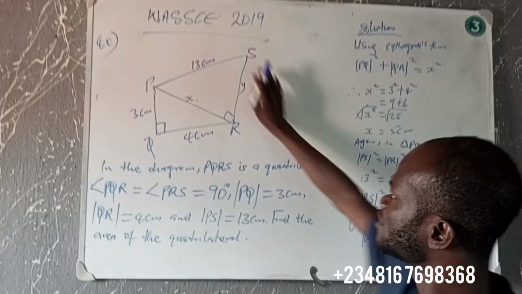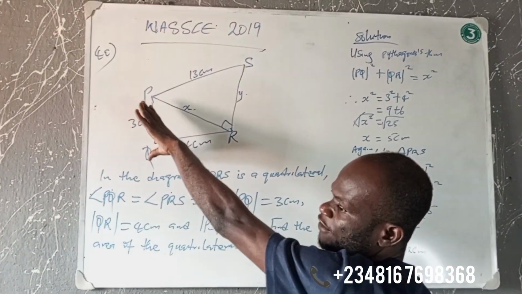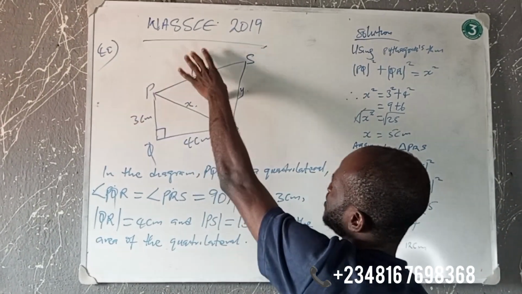Now to find the area of this shape, we have to find the area of these two different right-angled triangles, this triangle and this triangle.